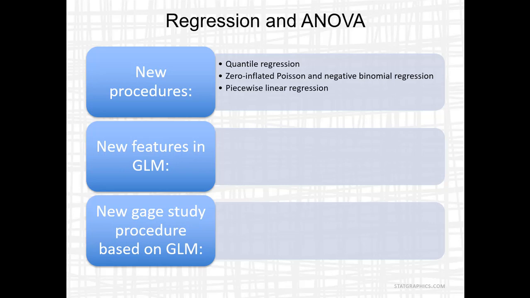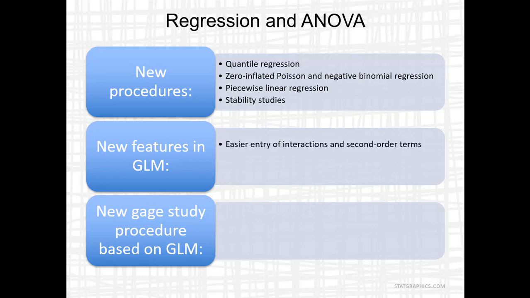You can now fit models for y versus x, where the relationship consists of two or more linear segments with different slopes. There's also a new procedure for analyzing a stability study. Such studies are run to help determine product shelf lives.